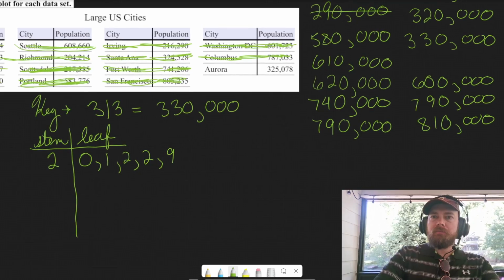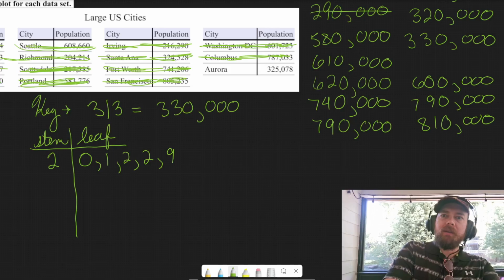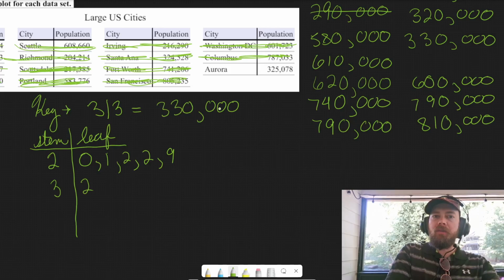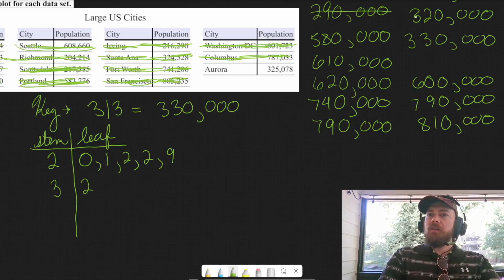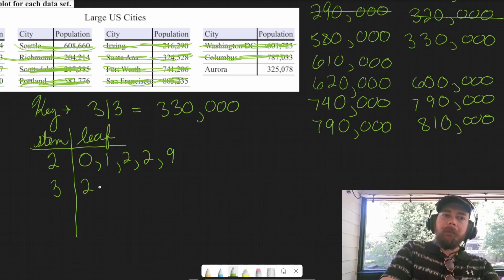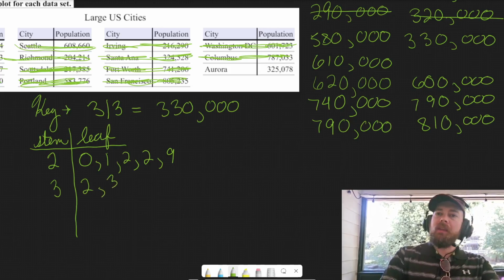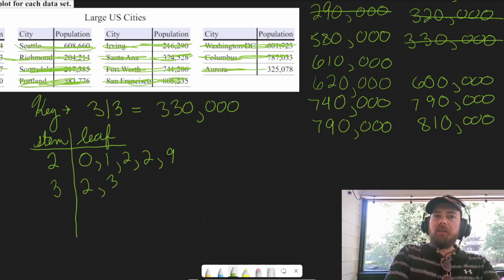Okay. And then I'm on to my 3's. My lowest is a 2. 3, 2, right? So 3, 3 means 330,000. 3, 2 would mean 320,000. I also have a 3, which is what the key is based off of, the last one we did. Forgot to cross it out.